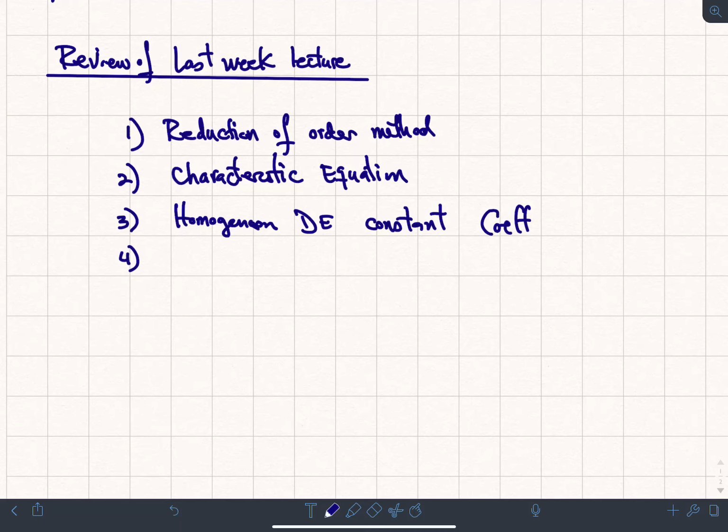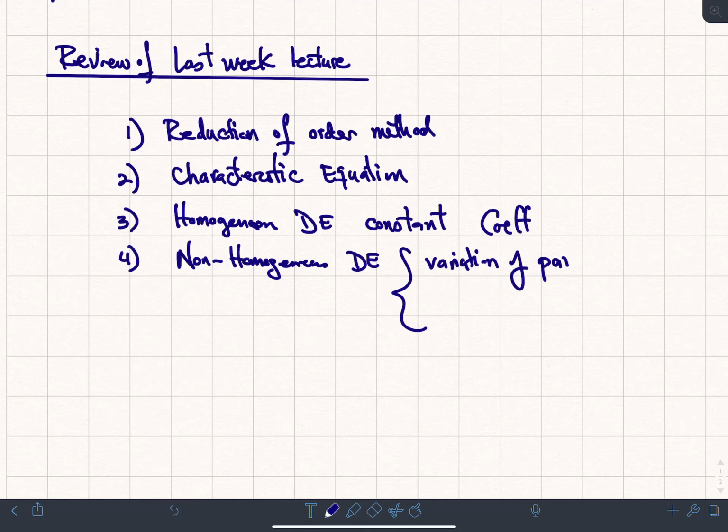I'll introduce you to two methods of solving non-homogeneous differential equations. The two methods are variation of parameters and undetermined coefficients. I call this the guessing method, either way.